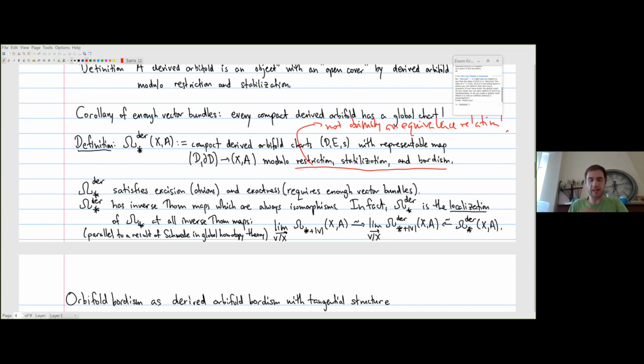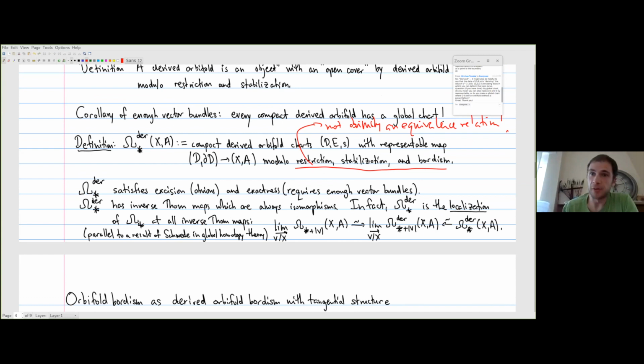So the next thing I should say is, whenever we're talking about bordism groups, we can talk about bordism with tangential structures. That just means I add some extra structure to the tangent bundle. So I consider bordism of manifolds with an orientation or with a stable almost complex structure or with a stable framing. That's all structure that you impose on the tangent bundle.